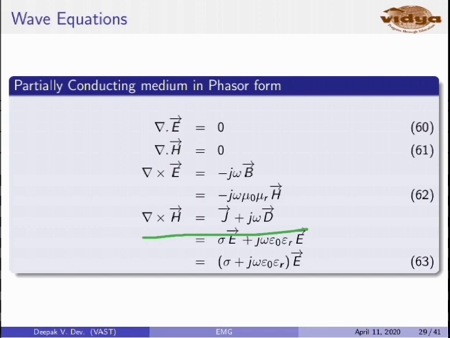So we will substitute dou by dou t as j omega. So it becomes J plus j omega D. Then as in the previous case, instead of J you can substitute sigma E.